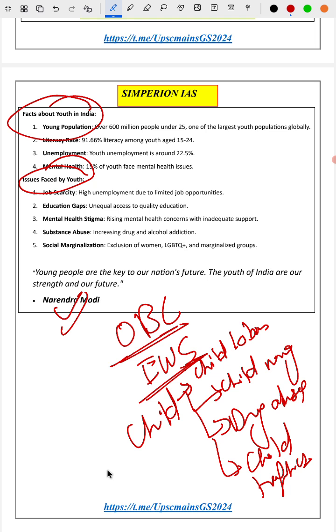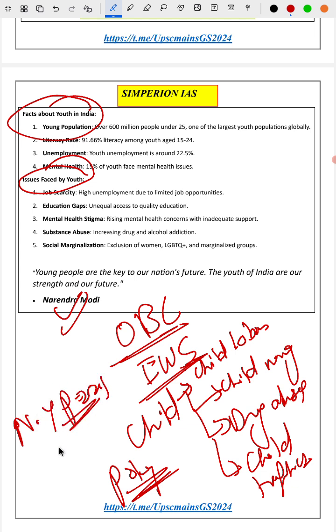The national children policy and the National Youth Policy of 2021, and the issues faced by the youth. For all, we have discussed causes, consequences, way forward. That's the pattern we have followed while making notes.